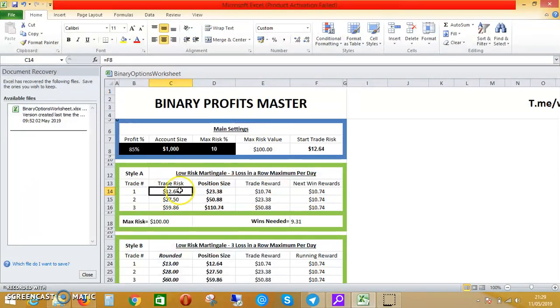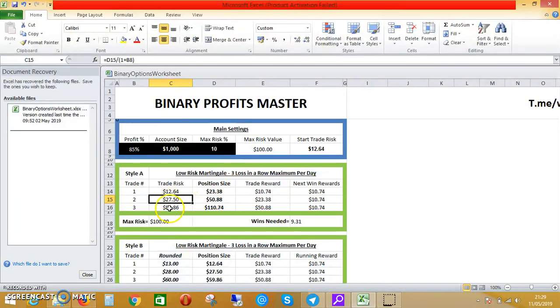Now if you lose this, the next trade immediately after, according to our strategy, at the close of that bar, the next expiry, you take $27.50. And if you win, this is the reward, and this is what you have.